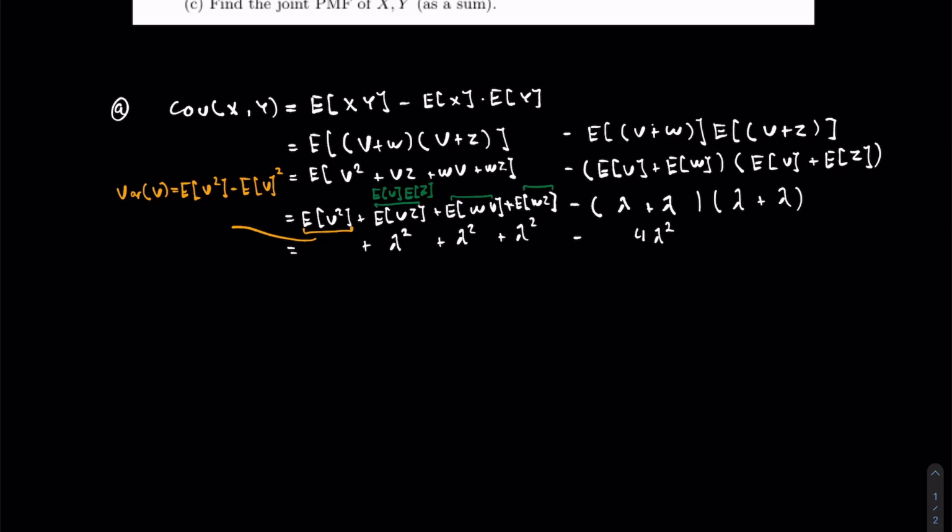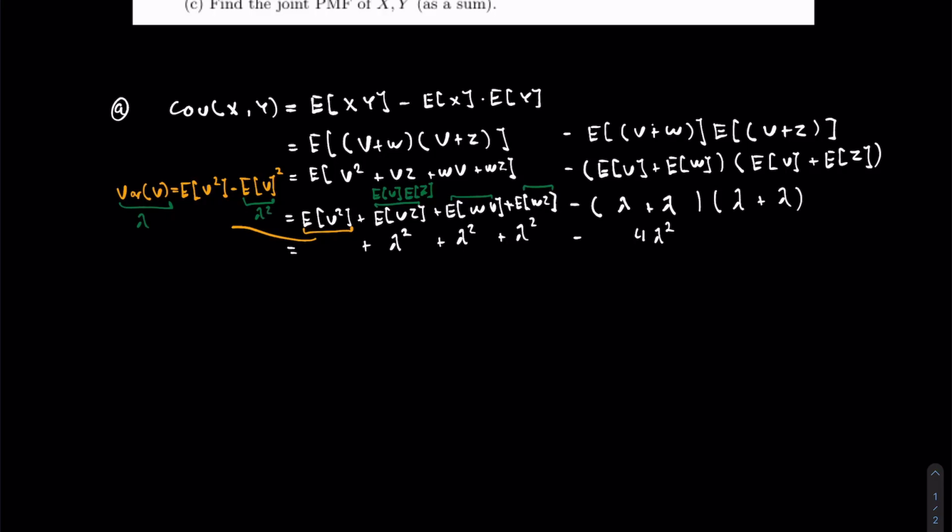Now we know that the variance of v is just lambda, and the expectation of v is also lambda, but we have a square here, so that's lambda squared.